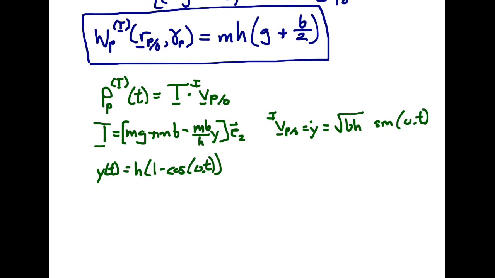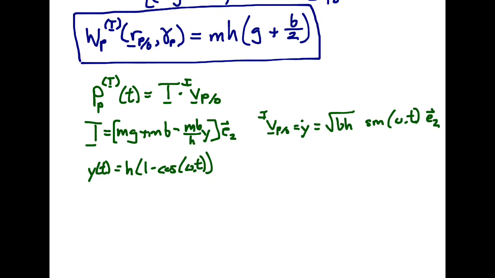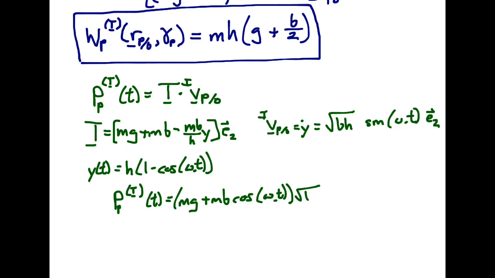And so when we put all these together, we get an expression that says the power developed by applying this tension to point P as a function of time is equal to mg plus mb cosine of omega naught t, and that's the entire quantity multiplied times the square root of bh multiplied times sine of omega naught t.